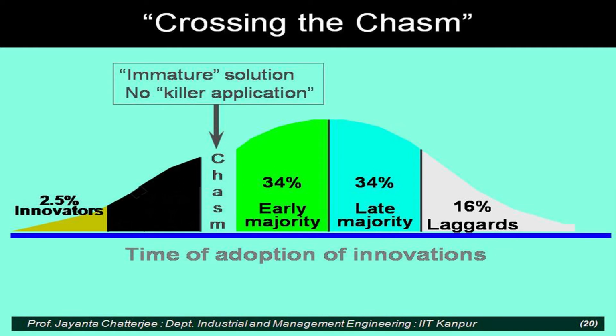That means some products which may have been very successful in the introduction stage may fail because of not paying attention, or the sales people not paying attention, to the transition in the buyer's profile. The early majority people are looking for references, assurances, and reliability. They are not looking so much for product features or feature-based advantages.